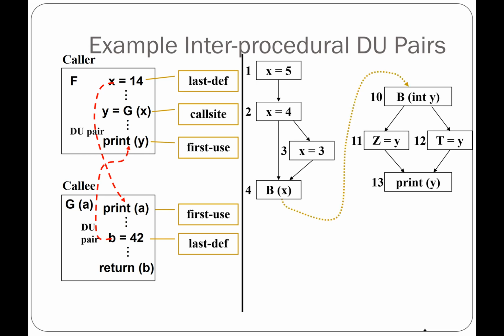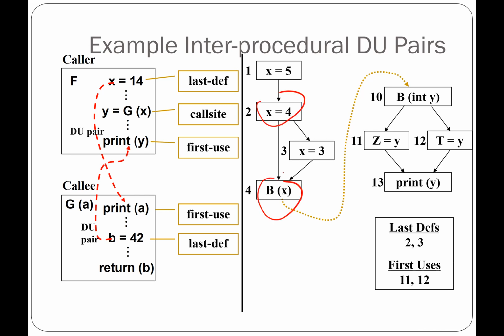All right. So at the bottom here, when B is actually being called, okay, from the call site, it goes to a different unit somewhere else in line, say number 10 or whatever. All right. And now X changes to Y. And in this situation, X could have been defined in two different places, because the one that is actually being used over here could have come from node 2 or could have come from node 3.